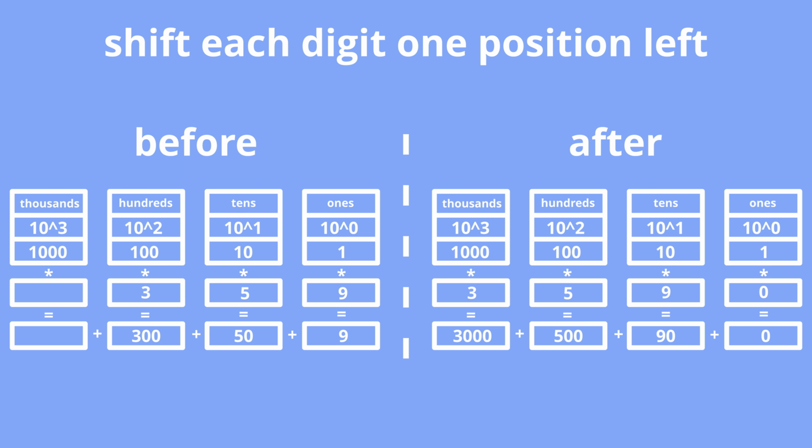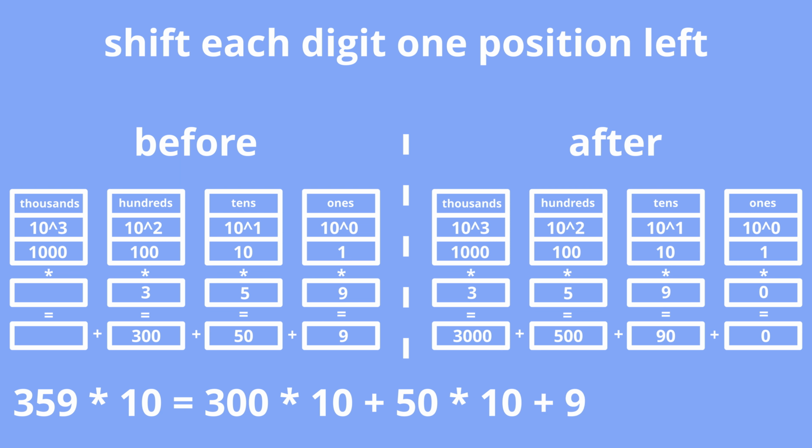The same story for another two digits, 5 and 9. After the shifting, each starts to represent 10 times more. If each part is 10 times greater, the whole is also 10 times greater. Please look attentively at the calculations.